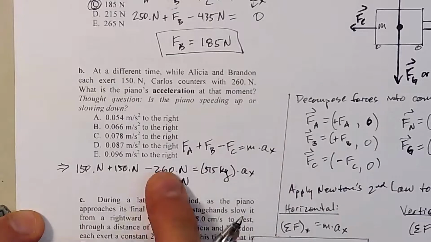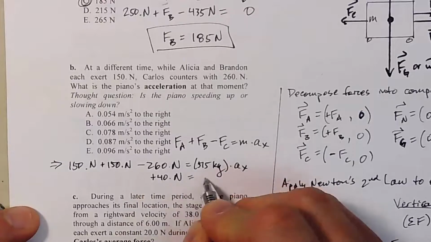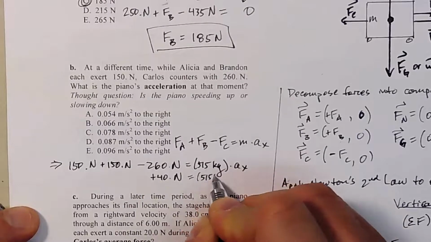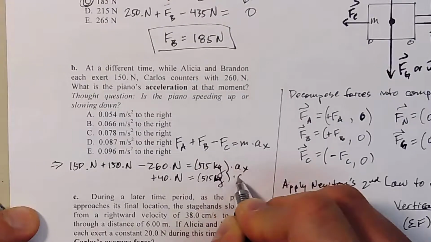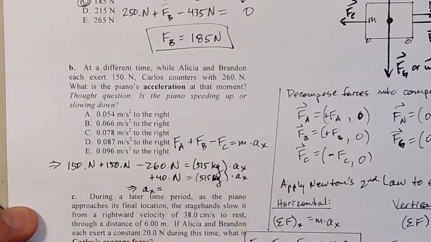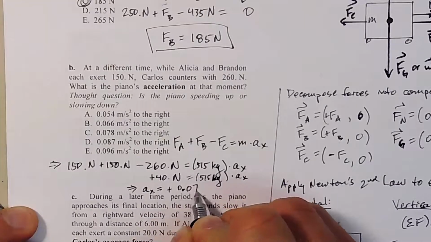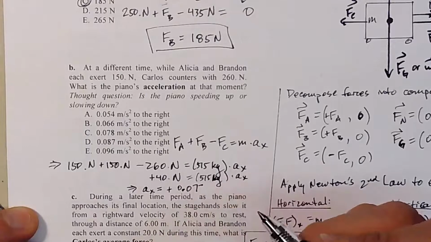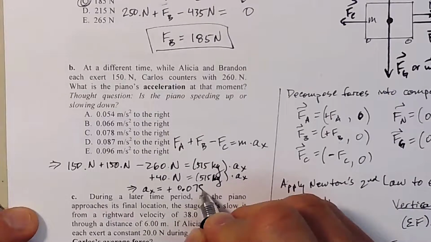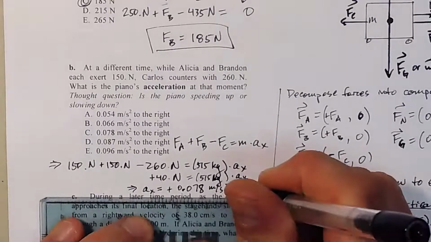It looks like I just lost a significant figure due to subtraction. That happens. I'm just repeating the line above, and then we get that the x component of the acceleration, therefore, is positive 0.078 meters per second squared. So that's the x component of the acceleration.